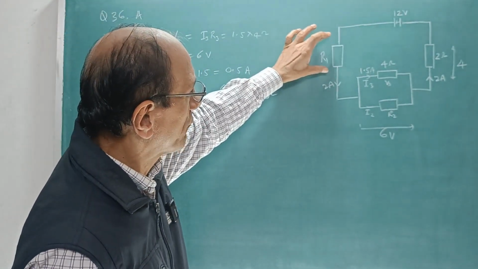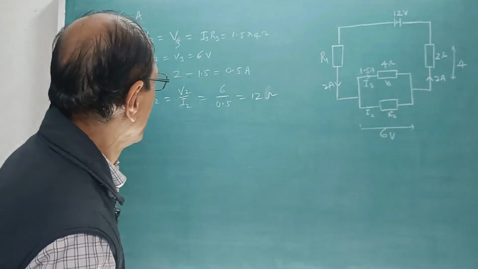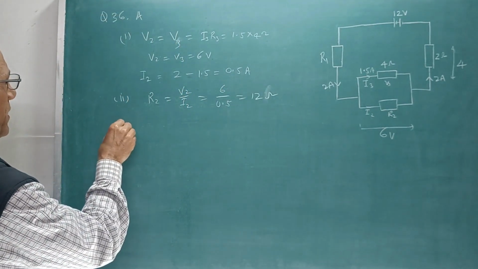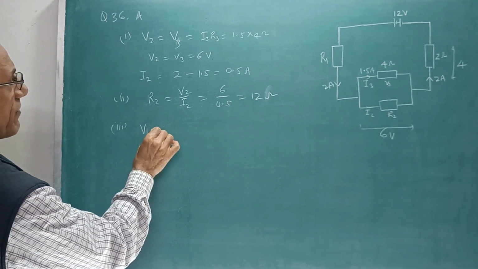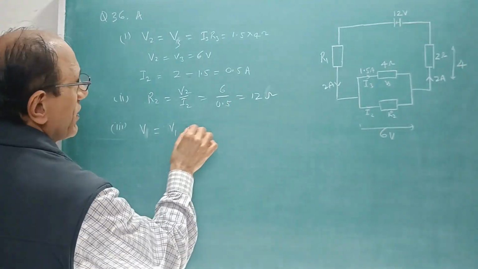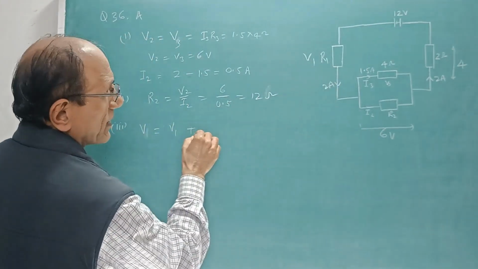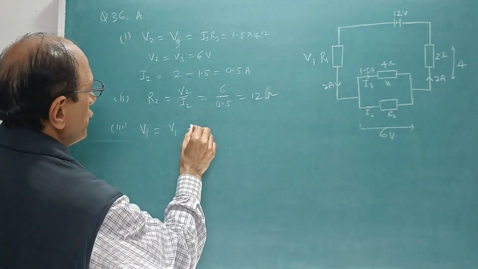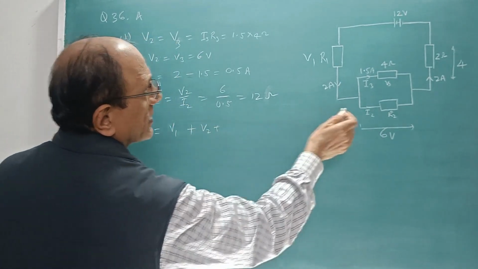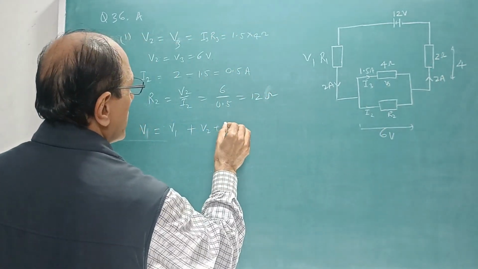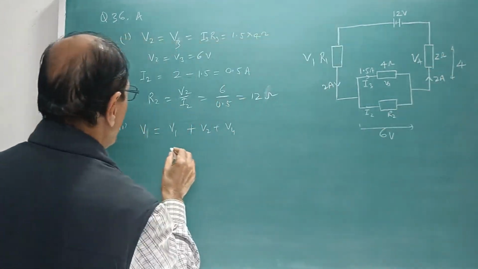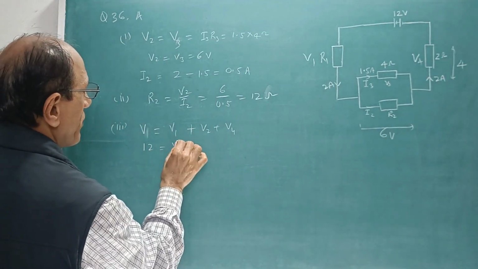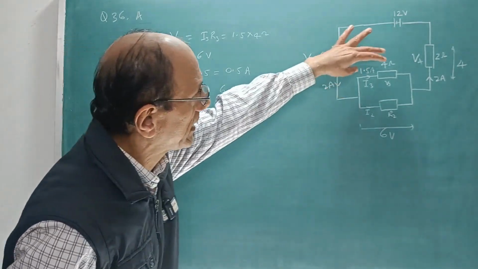So first, for that we have to find the voltage here. So part 3, net V will be equal to V1 plus V2 plus, suppose, V4. So 12 is equal to V1 plus V2, which we can find from either this or this.